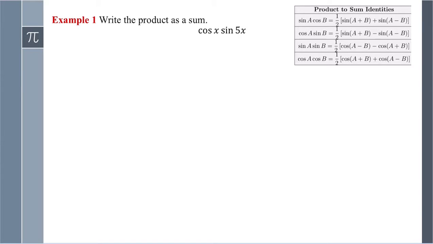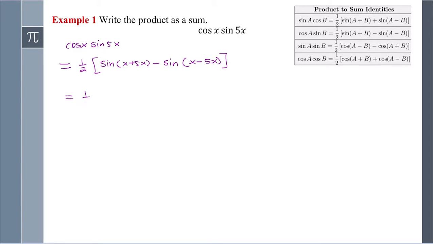So let's go ahead and do this. Let's rewrite that. Cosine x times sine 5x equals, this is the same as cosine A times sine B, so it is 1/2 times sine (A plus B), so sine (x plus 5x), then minus sine (A minus B), that means sine (x minus 5x).